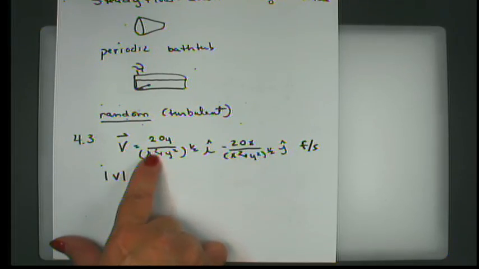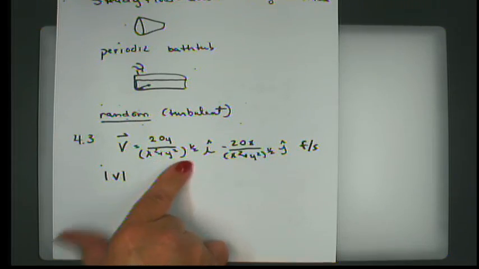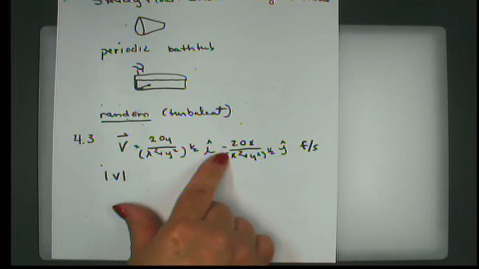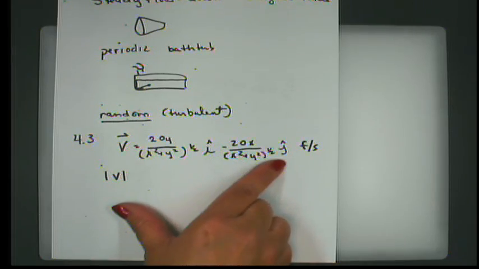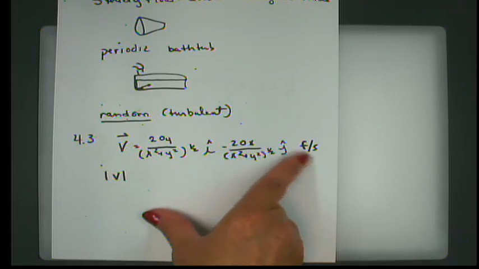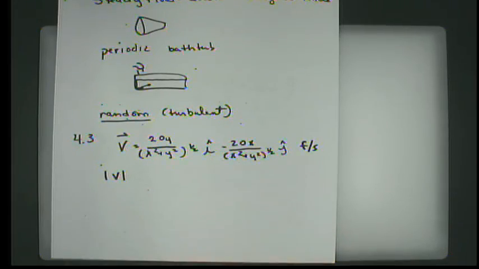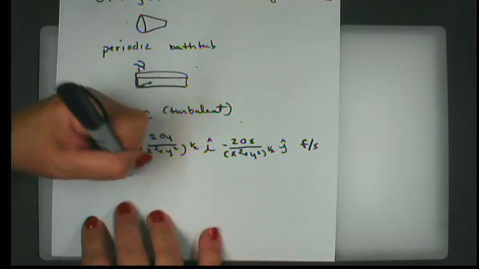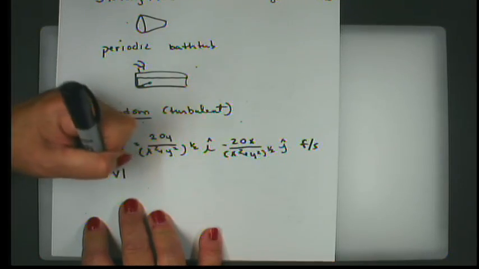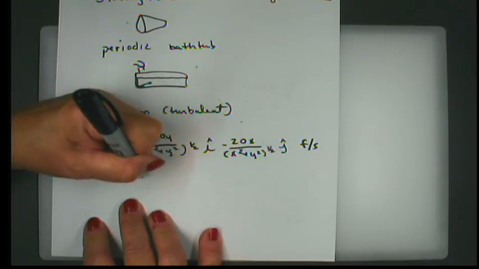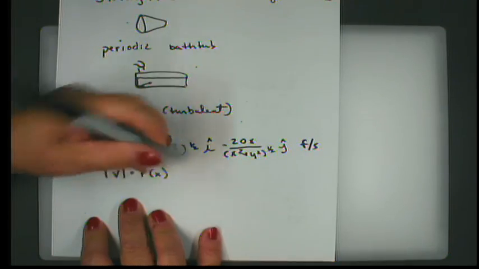The velocity is equal to 20y over the quantity x squared plus y squared to the 1/2 in the i direction, minus 20x over the same denominator in the j direction in feet per second, where x and y are measured in feet. So the question says, determine the fluid speed at points along the x-axis. Okay, so we want v as a function of x, right?